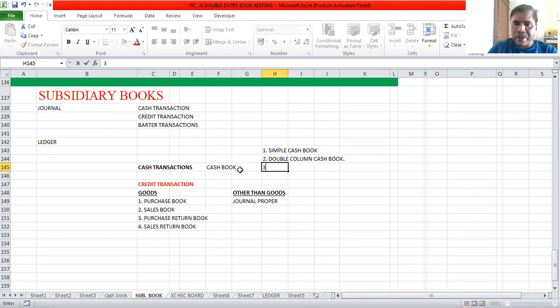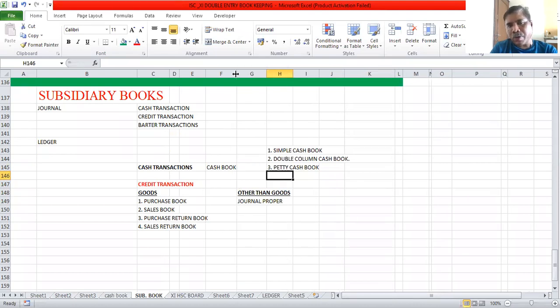Then the third one we call the petty cash book. If an organization maintains small expenditures through a different cashier, then it is called a petty cash book. Petty means small. मतलब छोटे छोटे expenditure होते हैं. If someone comes to the office, they will order tea, coffee, cold drinks, snacks.